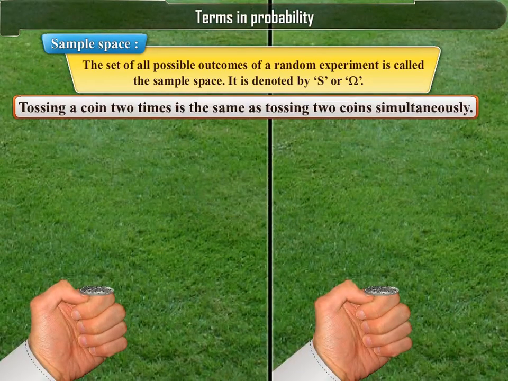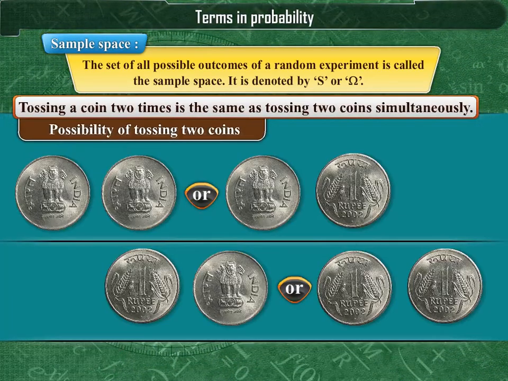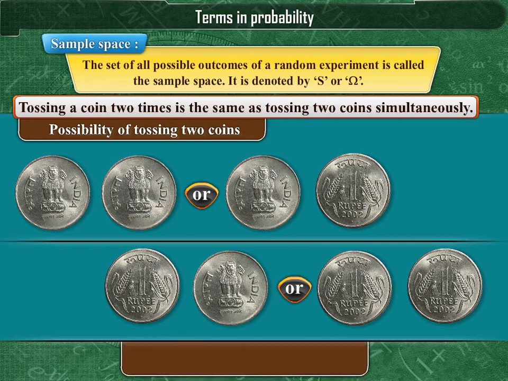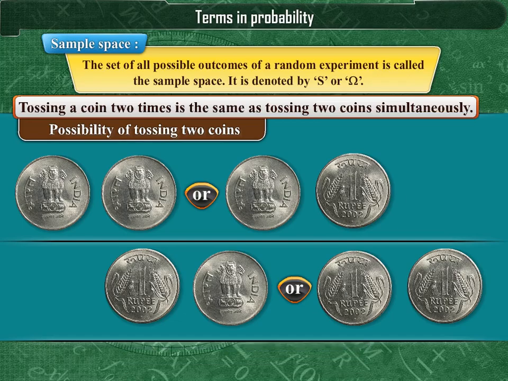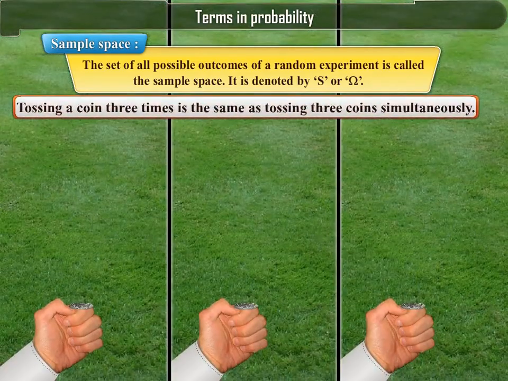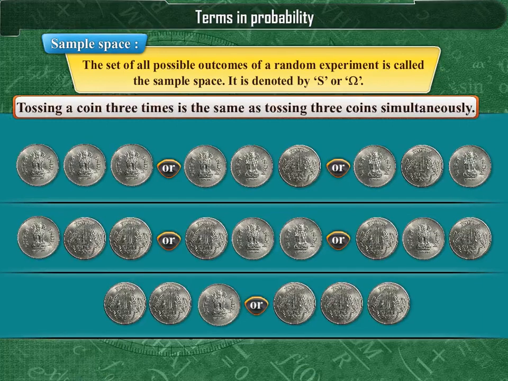Let us now toss 2 coins simultaneously. Tossing a coin 2 times is the same as tossing 2 coins simultaneously. Can you guess what is the sample space S here? Here S contains elements HH, HT, TH and TT. Therefore, n(S) is 4. Let us now toss 3 coins simultaneously.